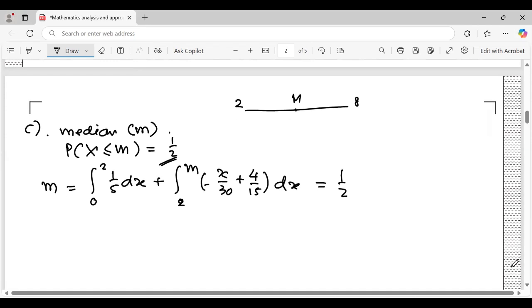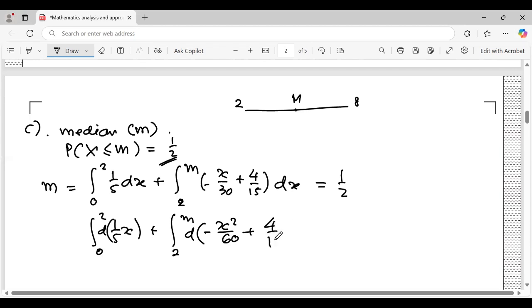First we find the integral of the expression: 1/5 x from 0 to 2, and then minus x squared over 60 plus 4 over 15 x from 2 to m, equal to 1/2.